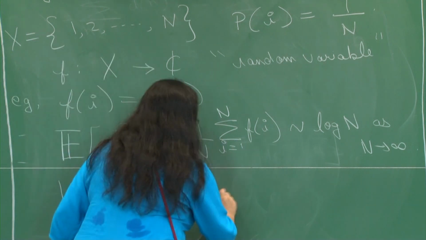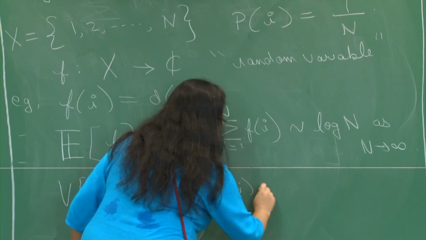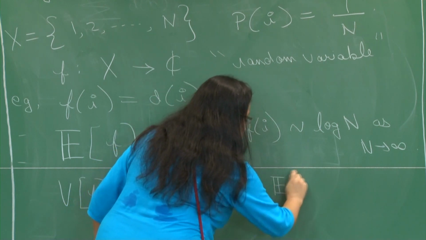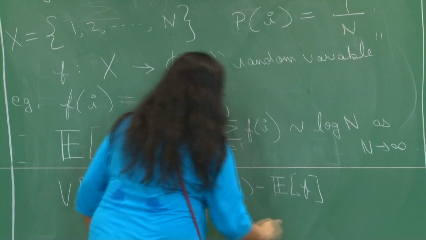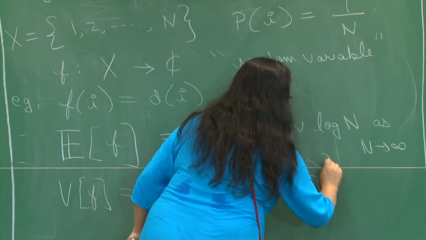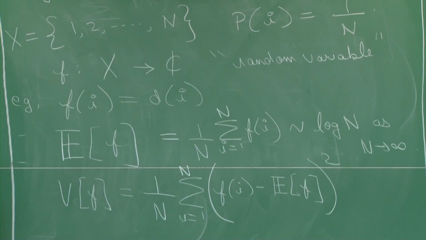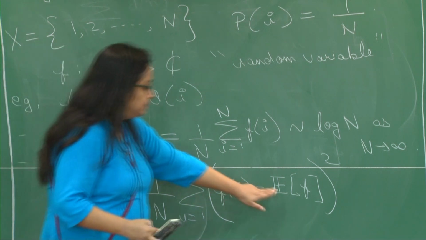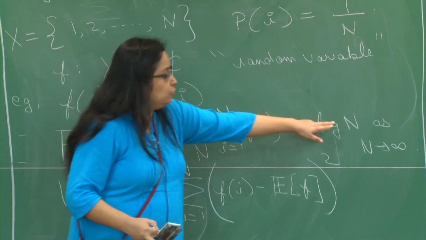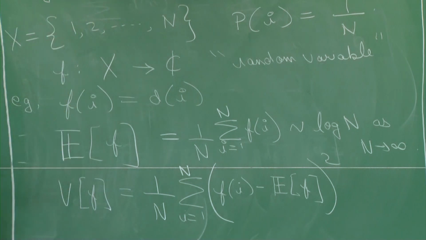So, what is this? f of i minus log N, whole square. Now, you know that this expected value is asymptotic to log N for very large values of N.